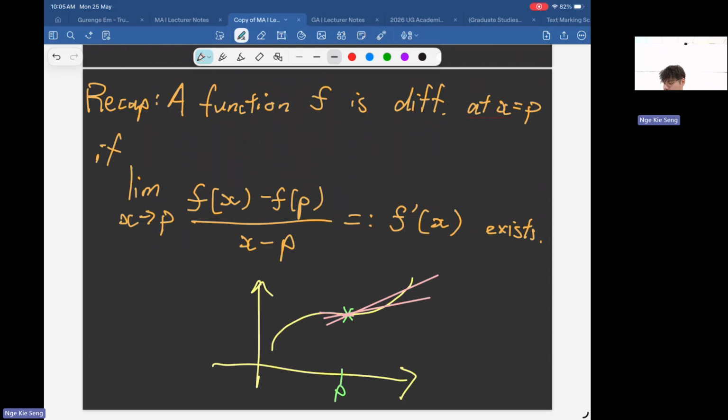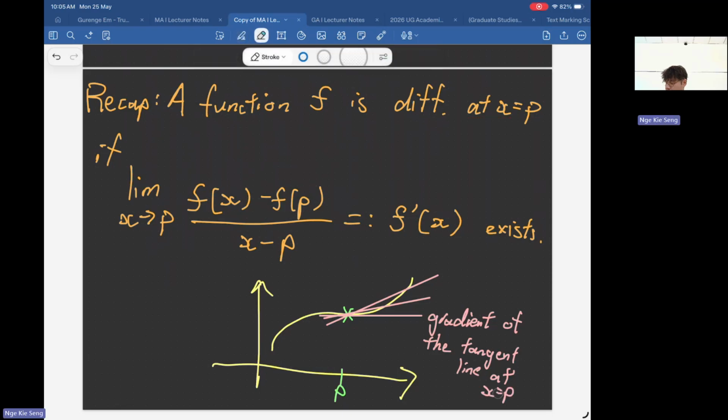Then if you find this derivative, it will result in the gradient of the tangent line of the curve.